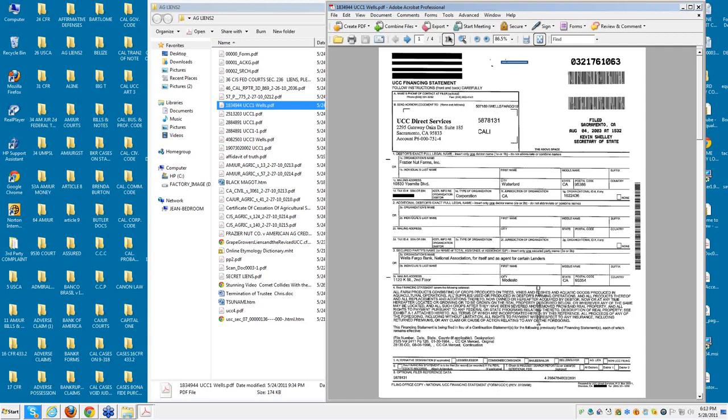Description of real property: see Exhibit A1 attached hereto, all terms of which are incorporated herein by this reference. All proceeds of any of the foregoing, including without limitation all rights to payment. You notice how they use the rights to payment.